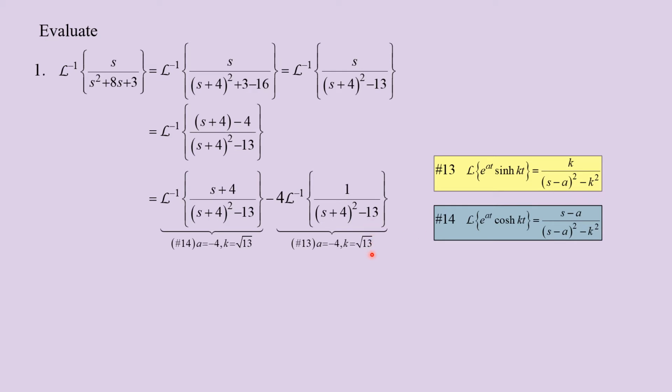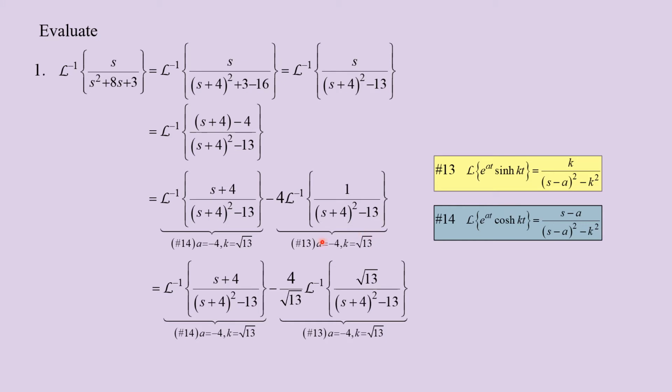Now according to the rule, if there is a k² at the denominator for formula number 13, a k must appear at the numerator, but unfortunately here we don't have a square root of 13 at the numerator, so we need to apply some manipulation to find the inverse Laplace transform of this function.